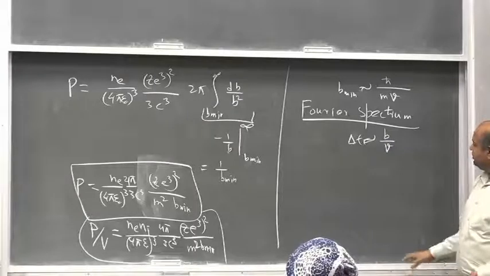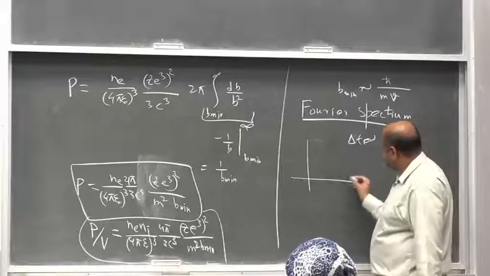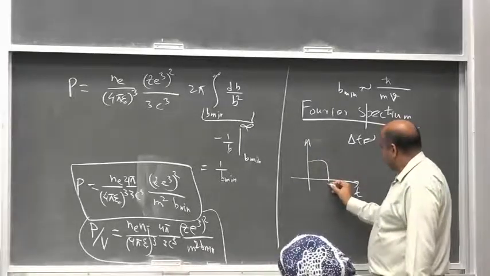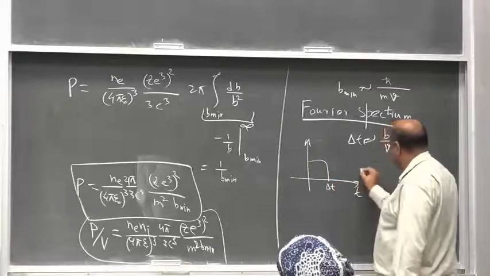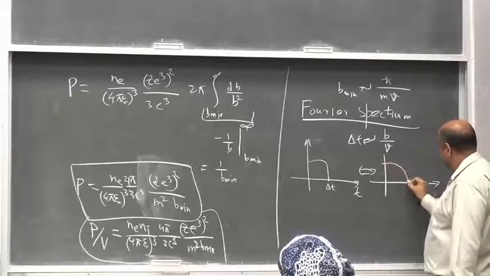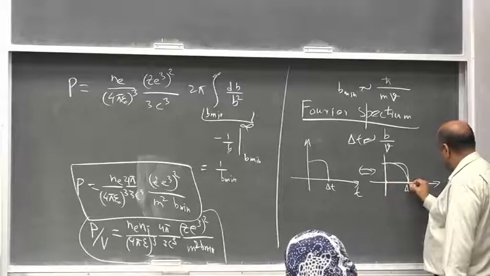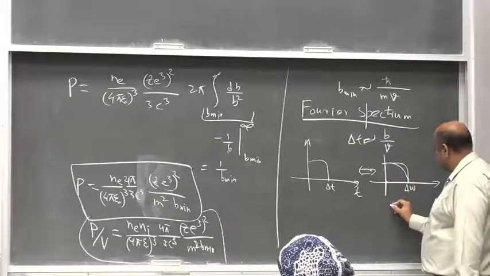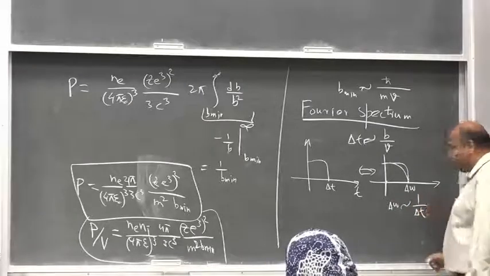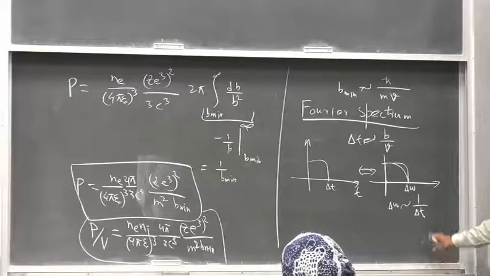So already हम ये जानते हैं कि if we have a time interval of width delta t, this means that the frequency spectrum will have width delta omega, which is inversely proportional to delta t, right?